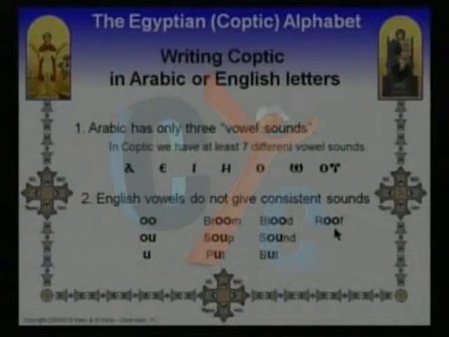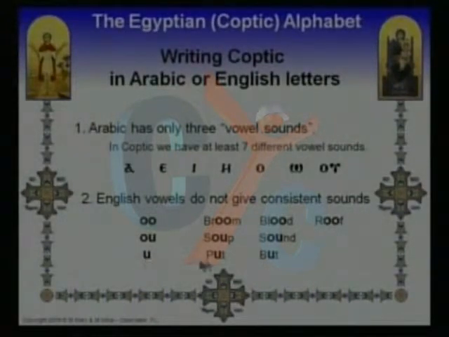And the roof, so you have broom, blood, roof, and each one of them is different. So when you write this in Coptic, you wouldn't know which one to use. Also, the OU sound, it could be like ooh, soup, or it could be like sound. So it could be ooh or ow.